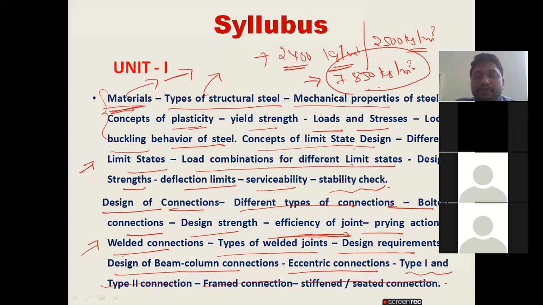So these are the connections available in unit 1.